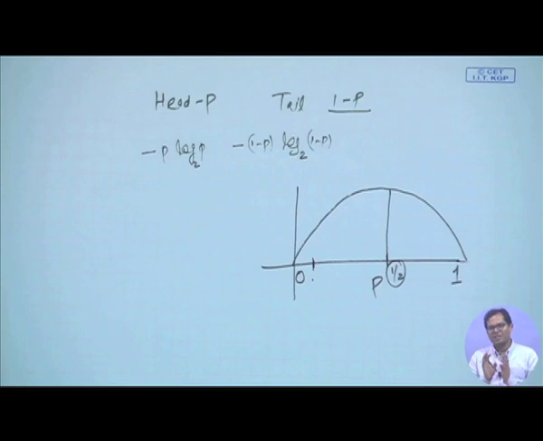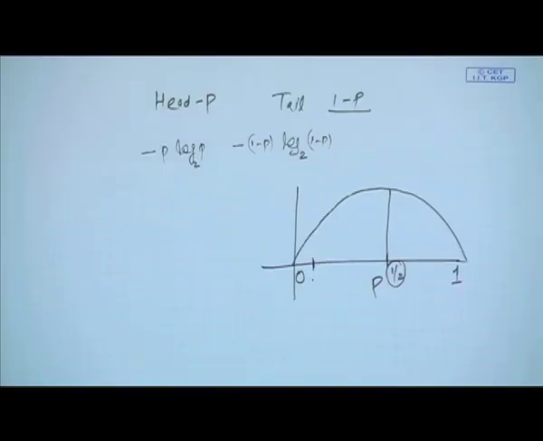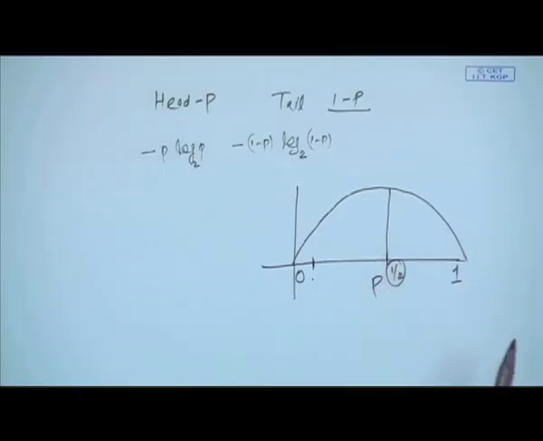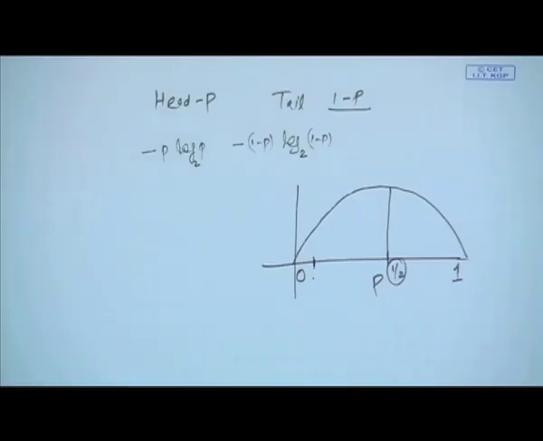So you more or less know it will most probably be a tail when you toss the coin. So there are not many surprises coming. But when both head and tail have equal probability, then you are very confused. You do not know whether it will be head or tail. So the amount of expected surprise that you will get is the maximum. Okay, so this is the idea.